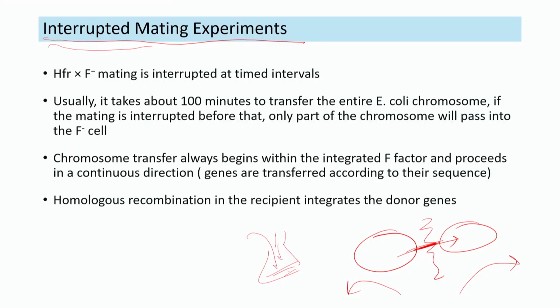So remember, that is called interrupted mating, and you can interrupt the mating at different time points. You can interrupt it after 5 minutes, after 10 minutes, after 15 and so on.